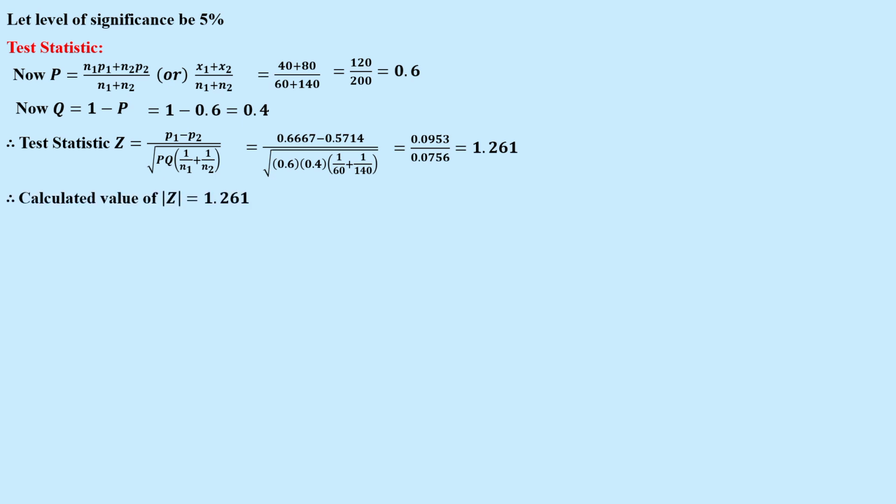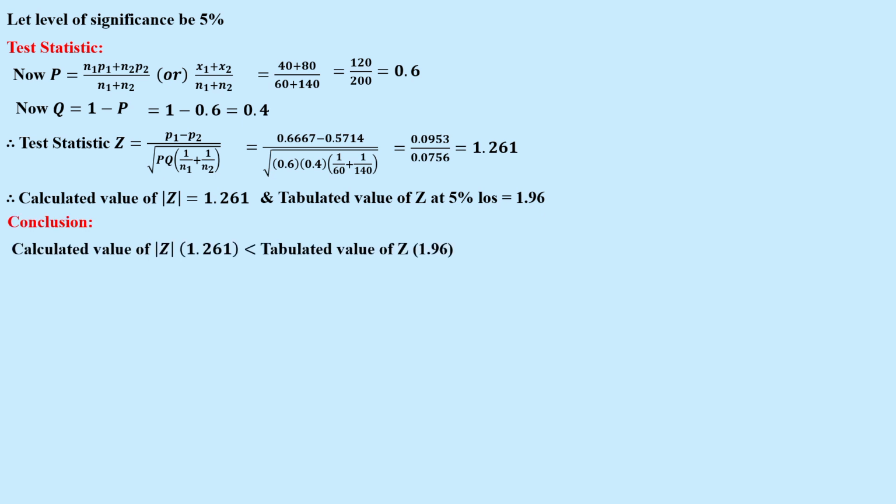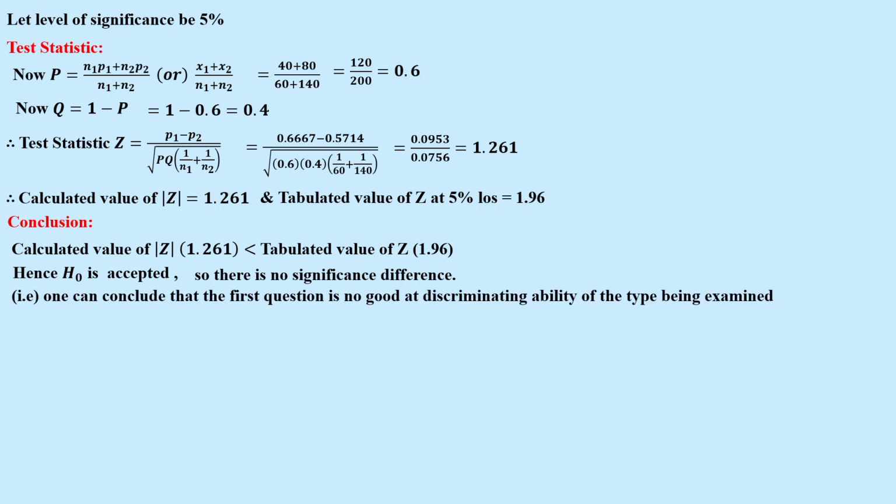The calculated value of Z is 1.261. The tabulated value is 1.96, right? We know the value from the table. Comparing these two, the calculated value is less than the tabulated value, so H0 is accepted. So there is no significant difference. One can conclude that the first question is no good at discriminating ability. It is not judging the candidates, right? Thanks.